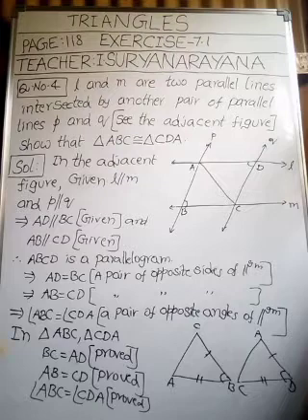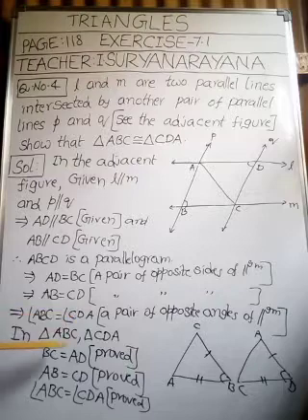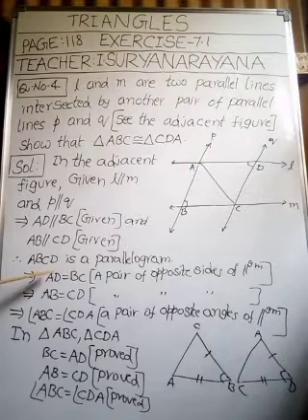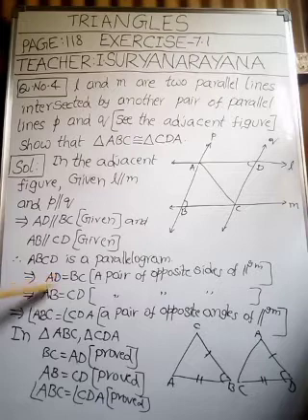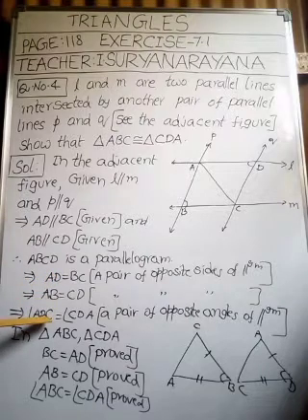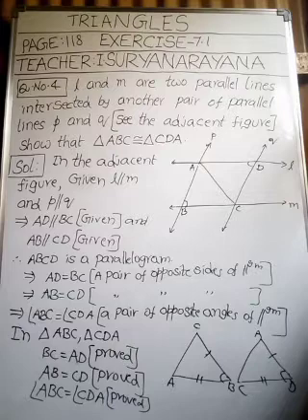So by using the properties of parallelogram, we wrote these three steps. We are using these three steps to prove that triangle ABC is congruent to triangle CDA. Without knowing the properties of a parallelogram, you cannot write these three steps. So you should remember the properties of parallelogram.